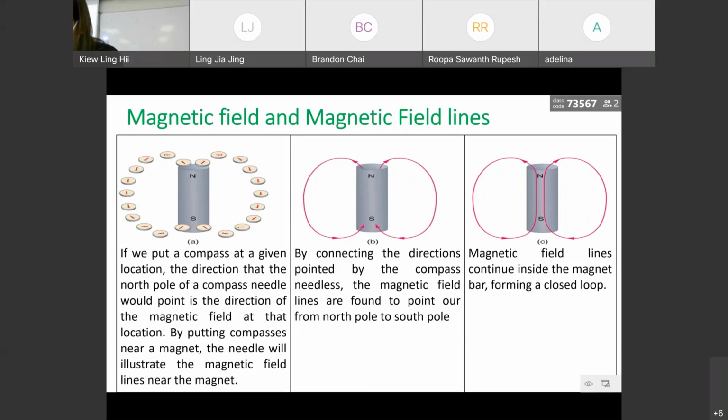If we connect the compasses together, this is our magnetic field, coming out from north and going into the south. And when we connect them as a closed loop, inside the magnet itself we will have our direction going from south to north. So this is the complete loop of the magnetic field.